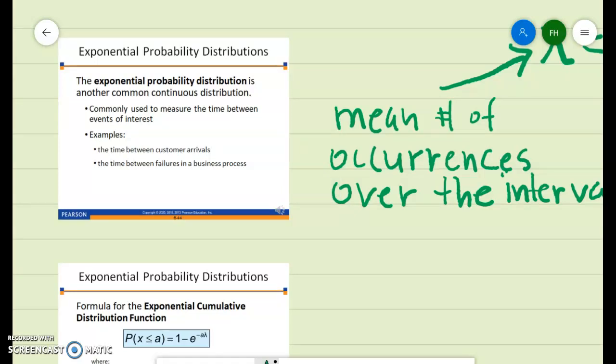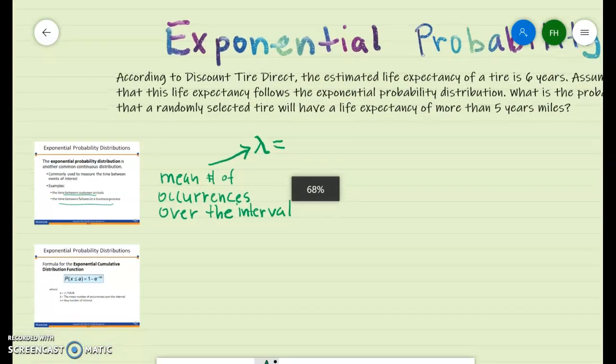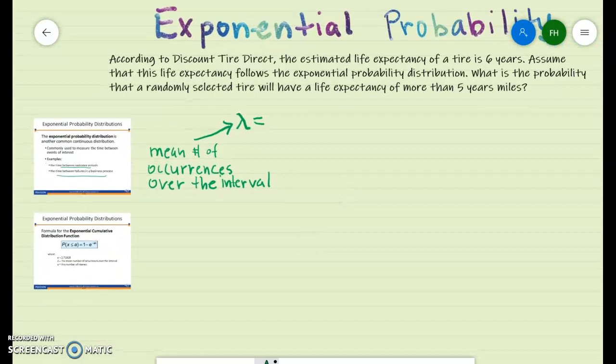This is used when we're trying to measure the time between events. So like if we're trying to measure the time between customer arrivals or the time between business failures, we're going to use this. So here we're measuring the time that the tire lasts.